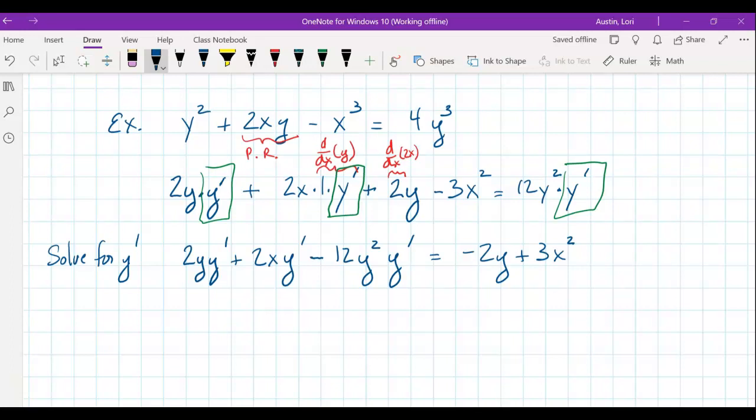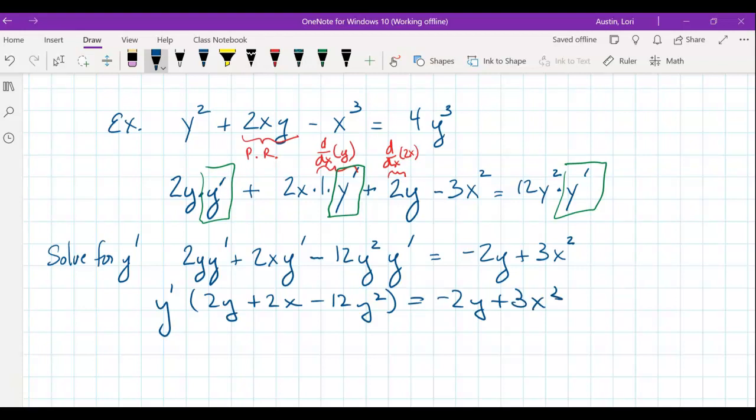I got to finish solving it. What do you think I'm going to do? I'm going to make it easier, though. I'm going to factor out a single y prime, because every term has a y prime. Take out your y prime. And now I can divide.